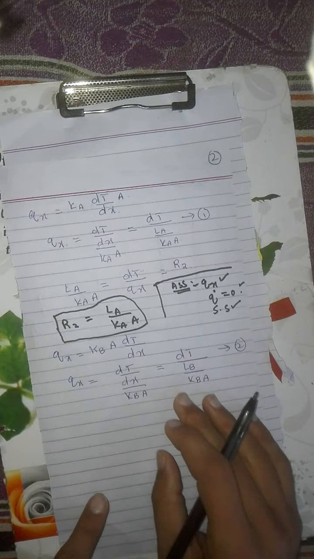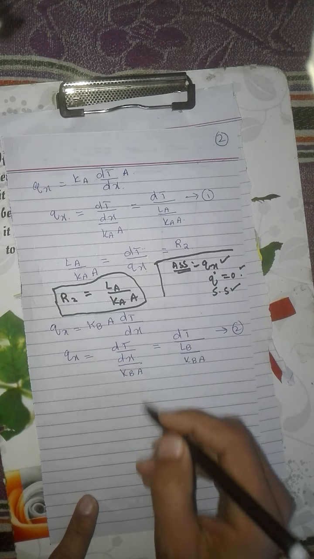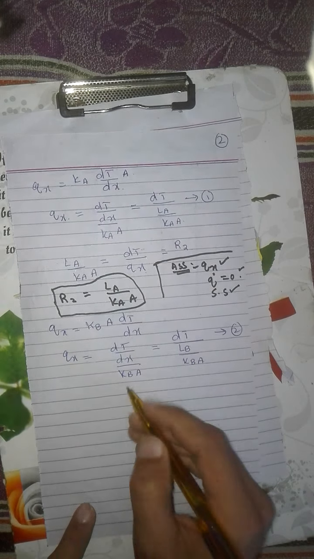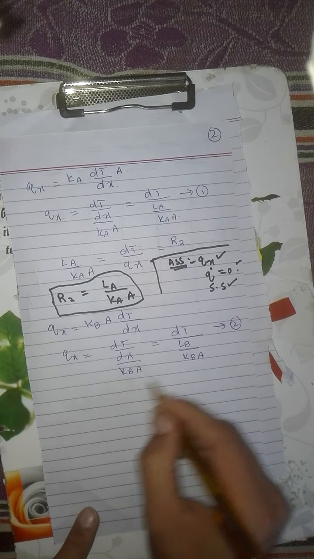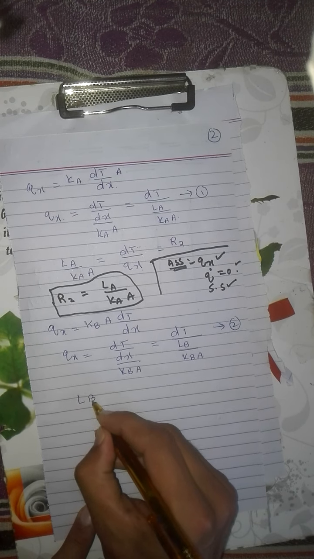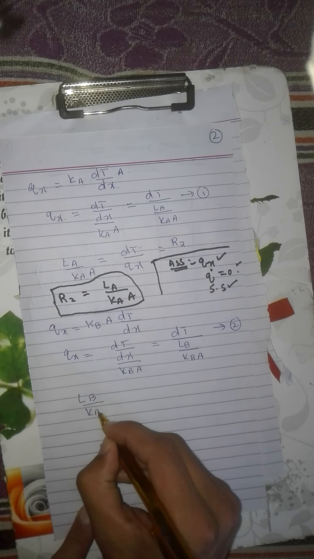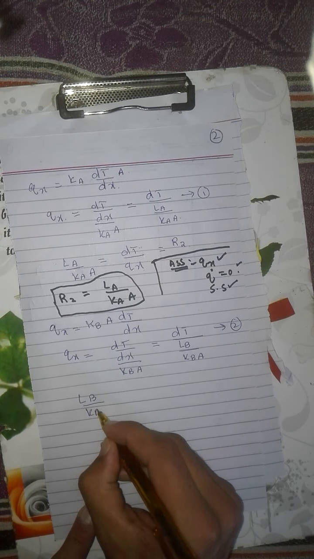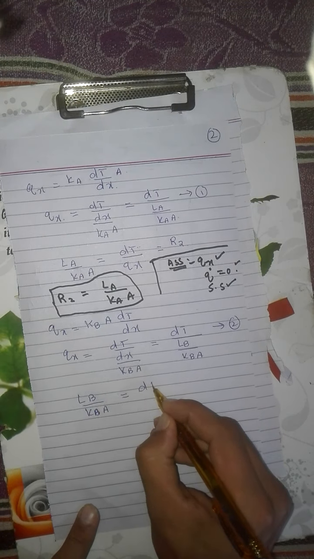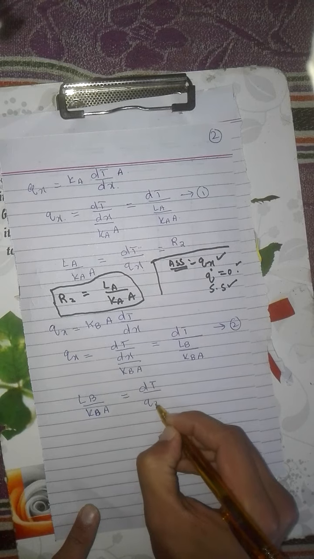So this is the heat transfer in the x direction through wall B. We can rearrange this equation, which is Lb divided by Kb into area is equal to dt by Qx.